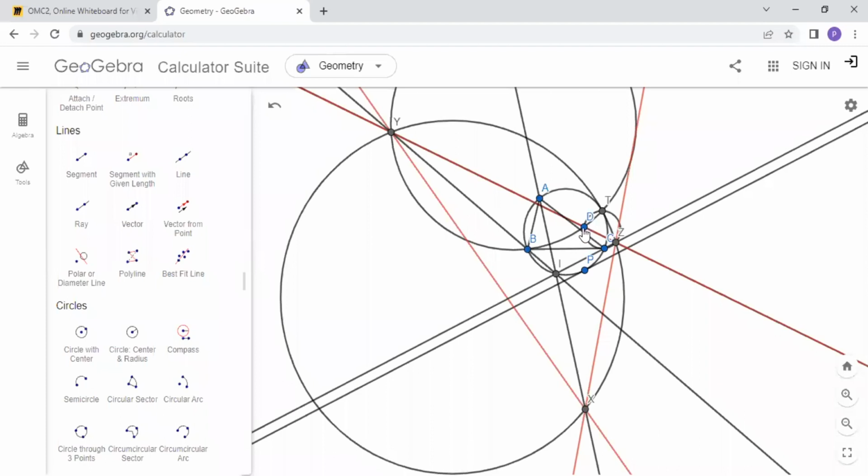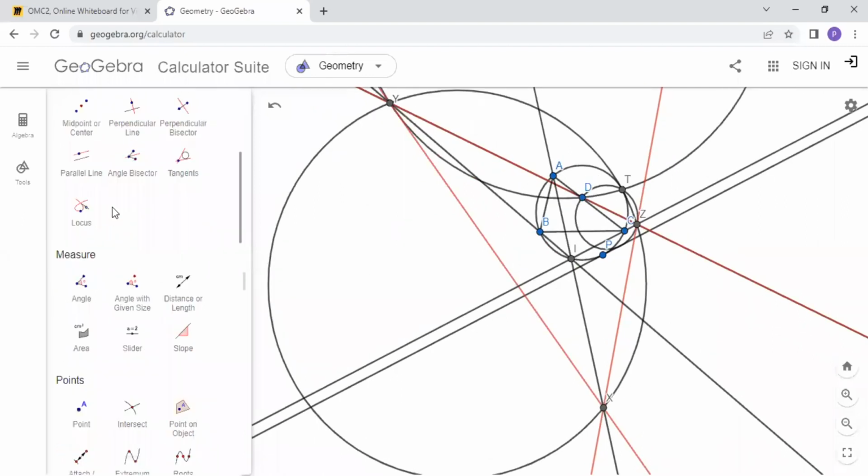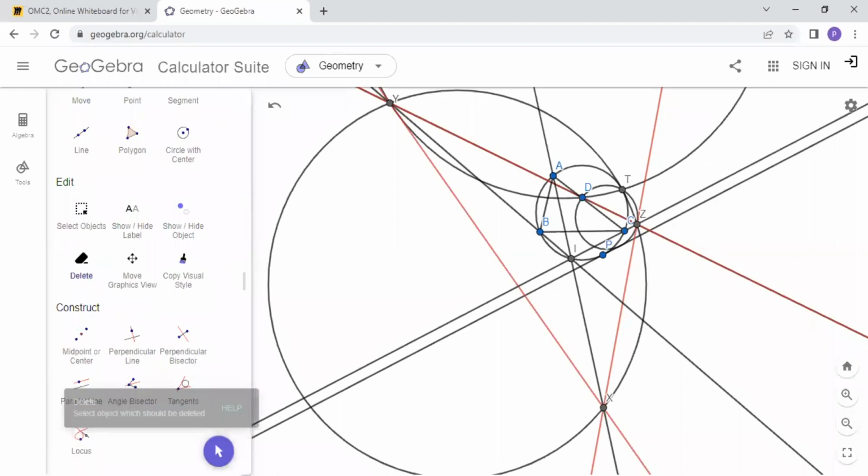T and D already make up the two intersections. If you take YBD and ZCD, yeah, maybe try that. I'll delete these circles.